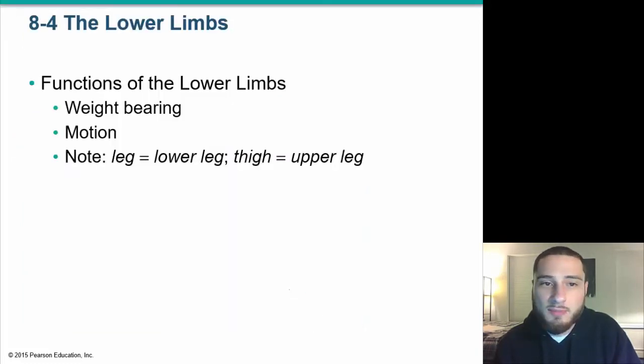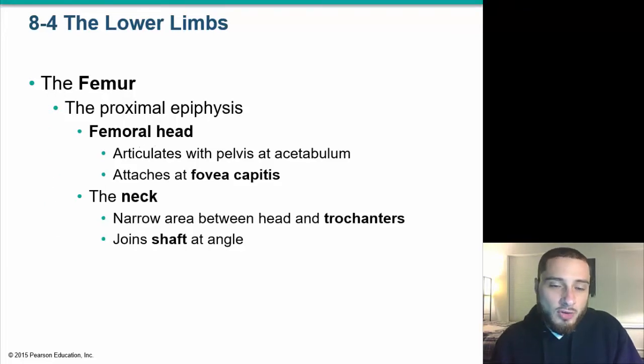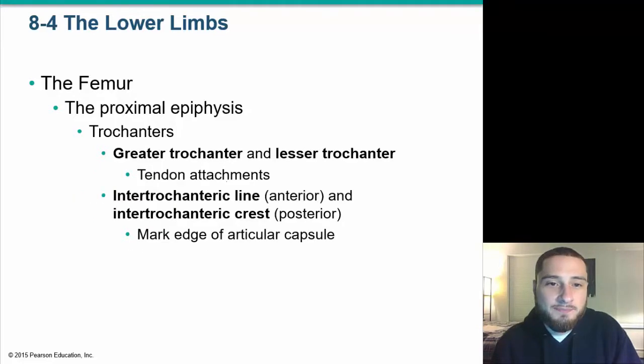Function of the lower limb: motion, locomotion, bearing weight. We have our upper leg or thigh, which is our femur, and our lower leg, which is our tibia and fibula, and our tarsals, metatarsals, and phalanges or toes, along with our kneecaps. The femoral head fits into the acetabulum and attaches at the fovea capitis.